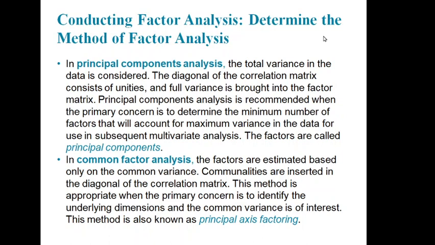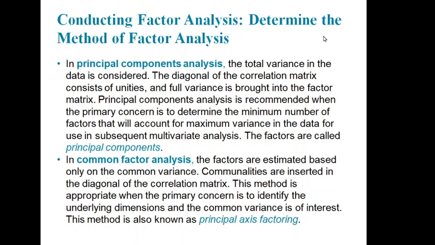Here the total variance in the data is considered. The diagonal of the correlation matrix consists of unities, and full variance is brought into the factor matrix. Principal component analysis is recommended when the primary concern is to determine the minimum number of factors that will account for maximum variance in the data for use in subsequent multivariate analysis. The factors are called principal components in principal component analysis. Right?